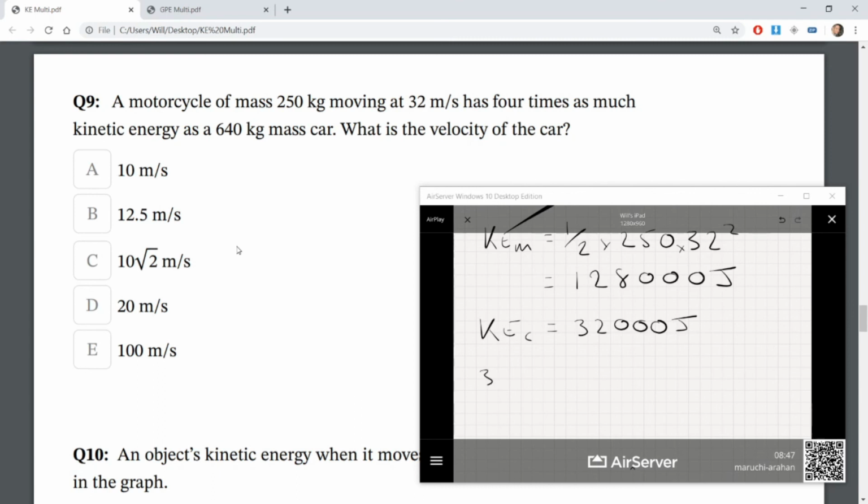So 32,000 is going to be equal to half times 640 times v squared. You can do this pretty quickly actually. Half times 640 is 320, divide both sides by 320, then you get 100 equals v squared, so v must equal 10 meters per second.